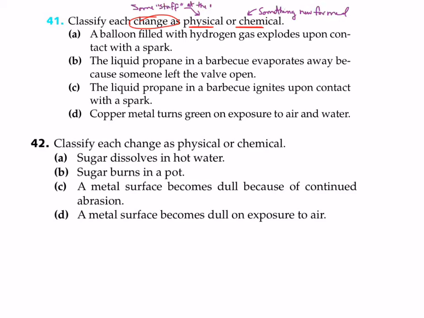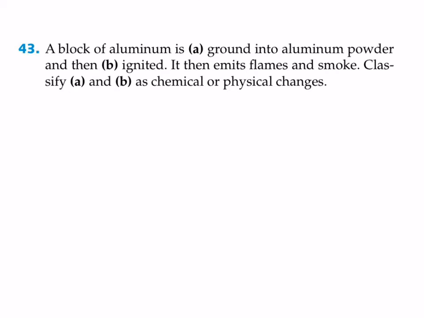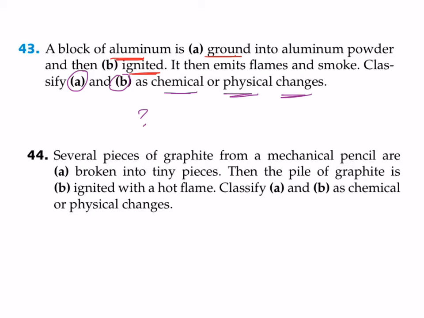So a chemical change, something new is formed. And then these last 2 all deal with, in the first case, aluminum. If you take aluminum and you grind it, is that a physical or chemical change? And if you ignite it, is that a physical or chemical change? I think you guys will do fine.